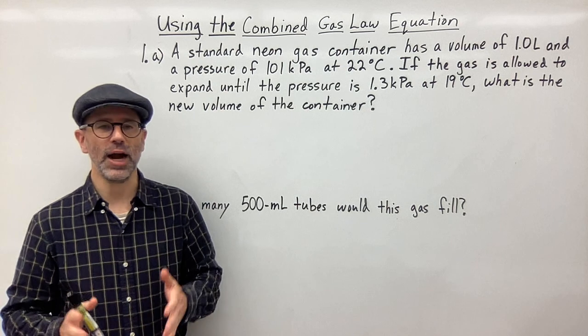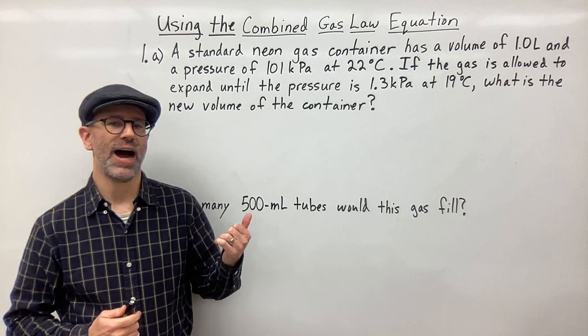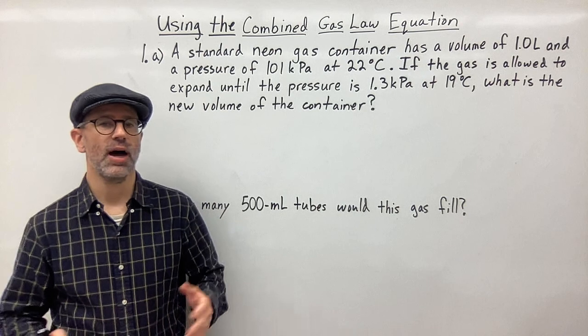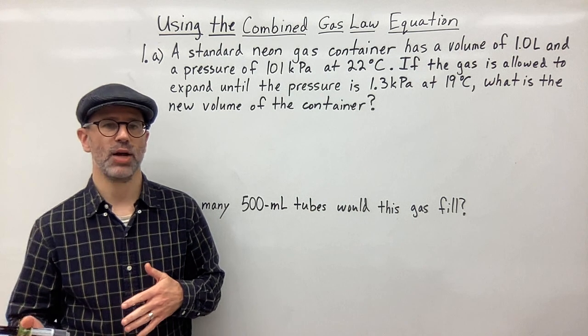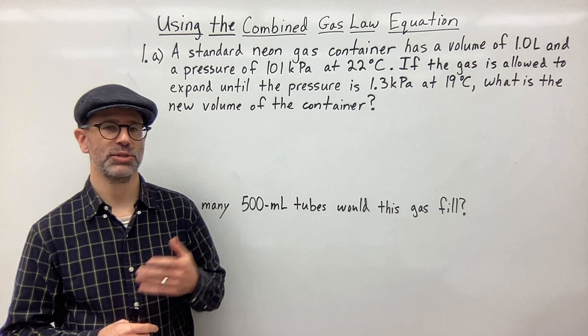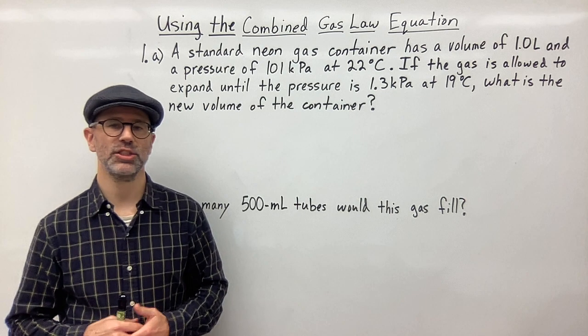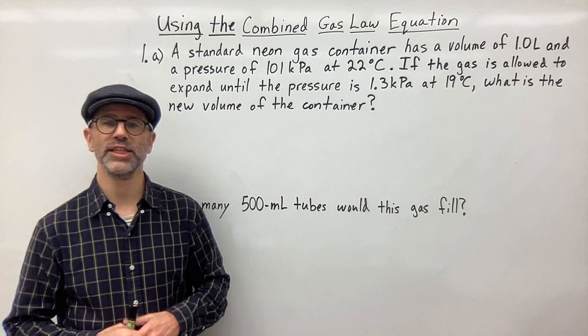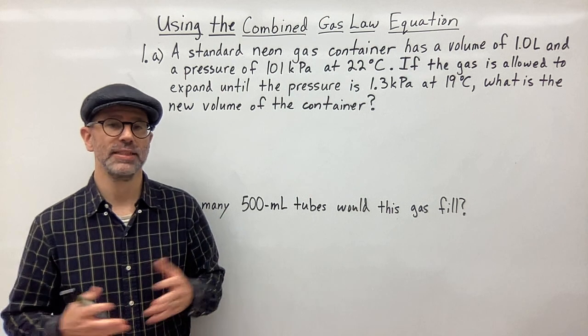So when we're trying to decide if we're going to use the combined gas law equation or the ideal gas equation, you have to ask yourself first, is there some change going on with the gas? Is there a change in pressure, change in volume, a change in the amount of gas, a change in temperature, or a change in more than one of those factors together?